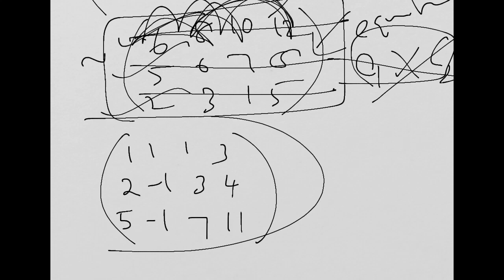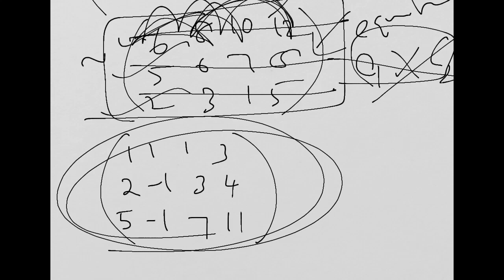Any matrix can be converted to another matrix where the first element has to be a 1 followed by anything. The next row's first element has to be a 0 followed by anything.